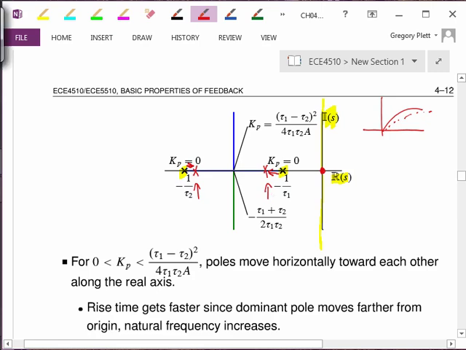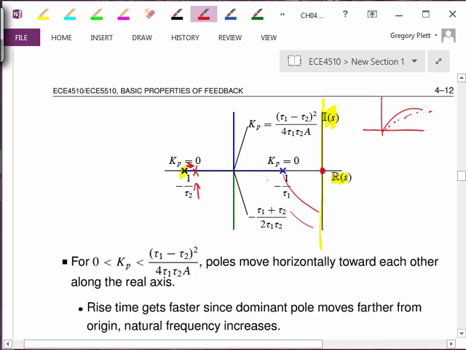The rise time gets faster because the semicircle of this has to get bigger to be that one, so omega n is bigger. Settling time is faster because the sigma value, the real part, goes further out. And the overshoot, there is none because it's still on the real axis. So by increasing K, I've improved performance in every way imaginable by increasing it a little bit.